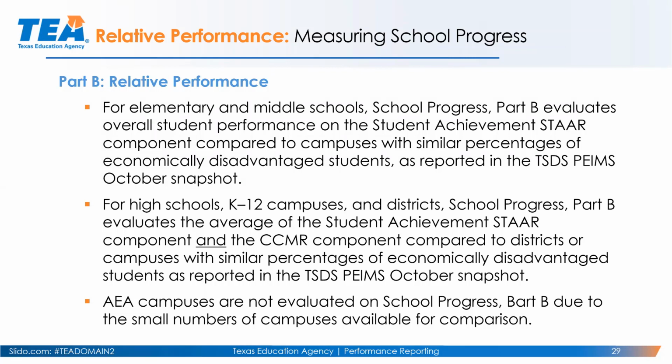For high schools, K through 12s, and districts, we evaluate the average of the student achievement STAAR component and the CCMR component compared to districts or campuses with similar percentages of economically disadvantaged students as reported in the PEIMS fall snapshot. Alternative education accountability campuses are not evaluated on School Progress Part B due to small numbers of campuses available for comparison.